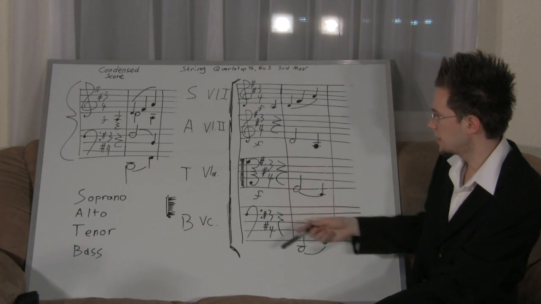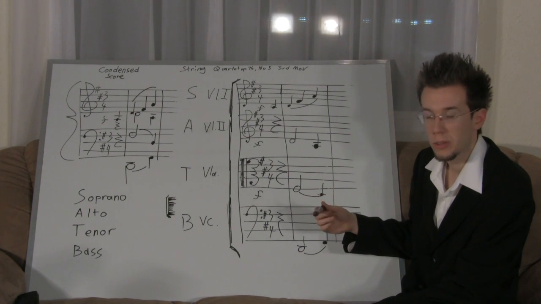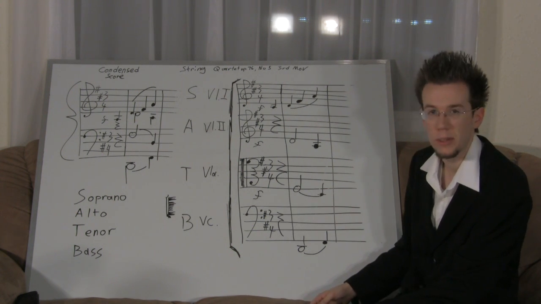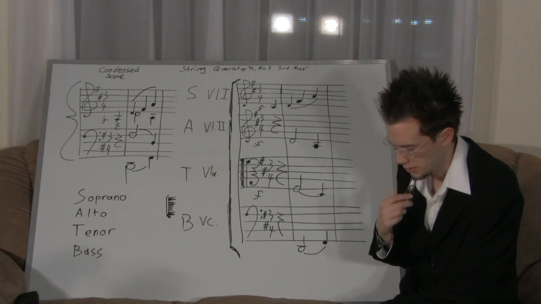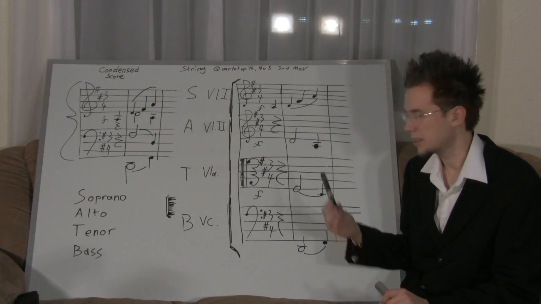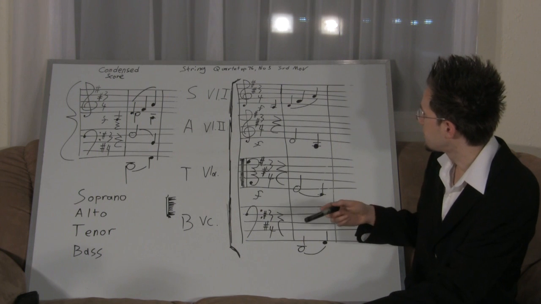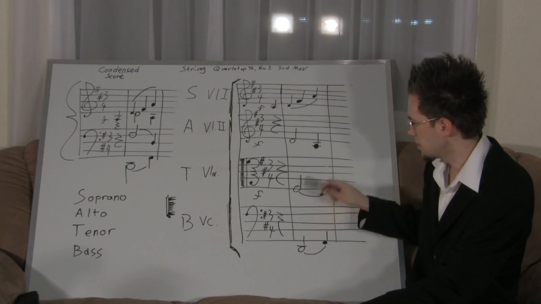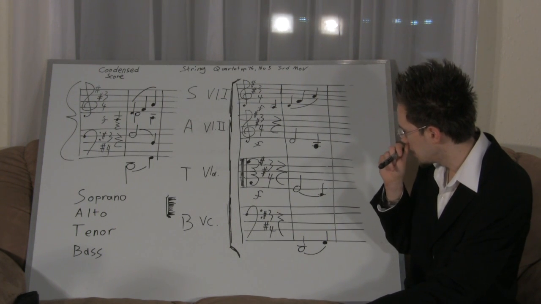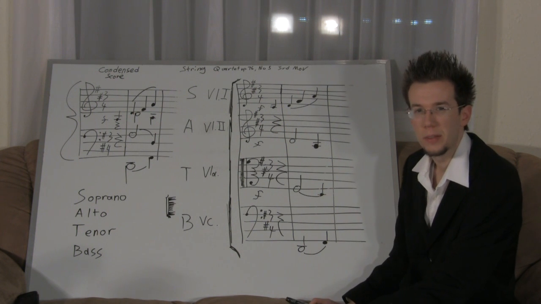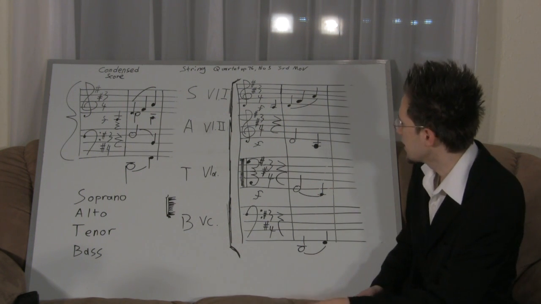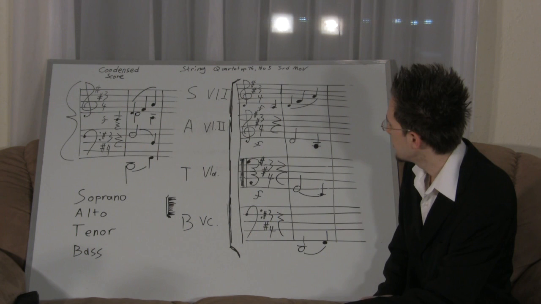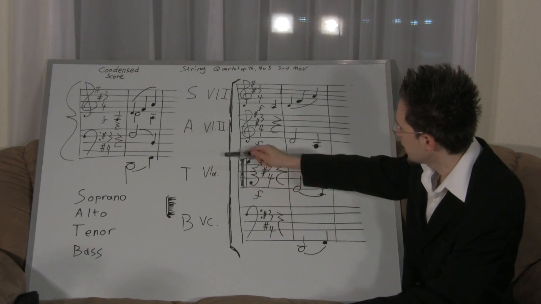Whereas this expanded or open string quartet score, in the soprano, alto, tenor, bass pattern, actually works way better if you are playing in a group, because look at this. You're like, okay, I'm playing viola, so where do I play? Oh, there I am.